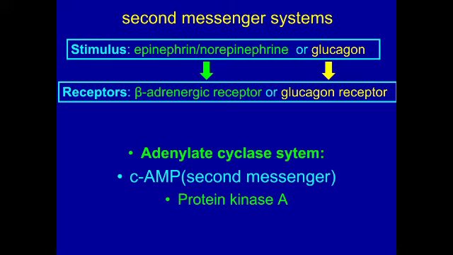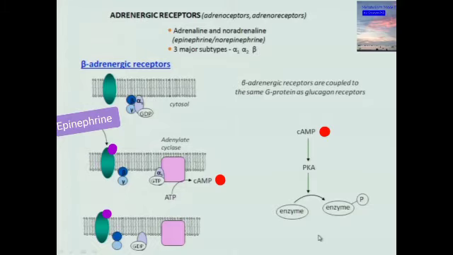From glycogen metabolism to glycolysis to pyruvate dehydrogenase to lipid metabolism, many different metabolic pathways are regulated by cyclic AMP and PKA or the adenylate cyclase pathway. So what I want you to know is really the steps here, individual steps, the form that activates adenylate cyclase and the second messenger that's produced, and what enzyme or kinase they activate.